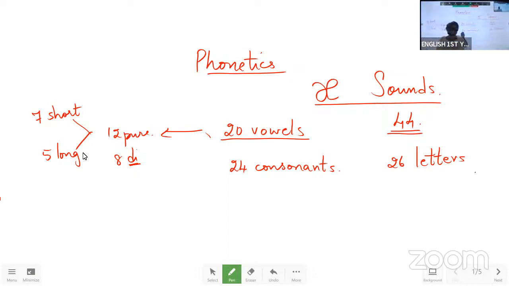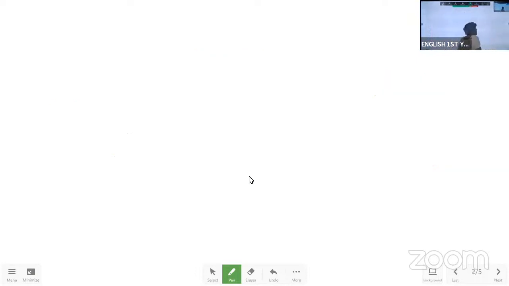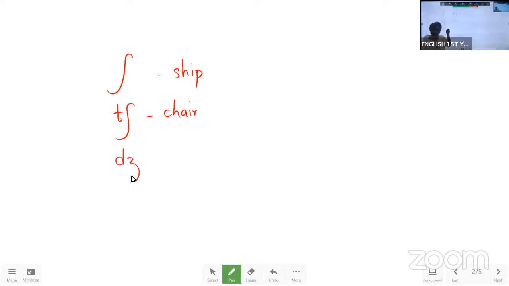Coming to consonants, they are 24. In consonants, it is very easy for you to learn because there are only 7 which are different. Like take, for example, this symbol stands for sh, as in ship. This stands for ch, as in chair. This stands as j, as in jail.